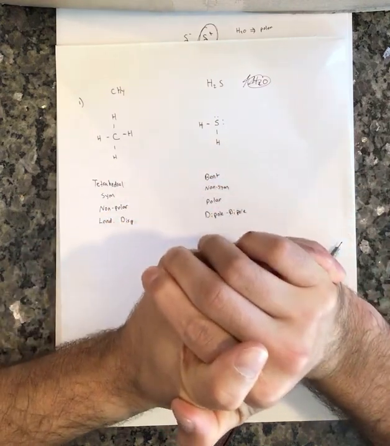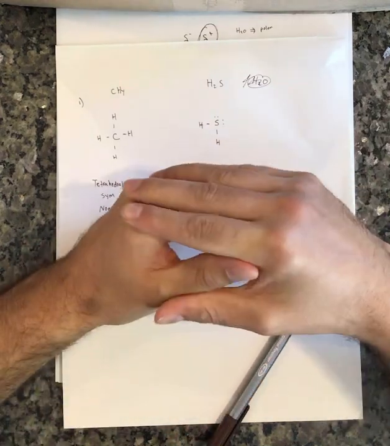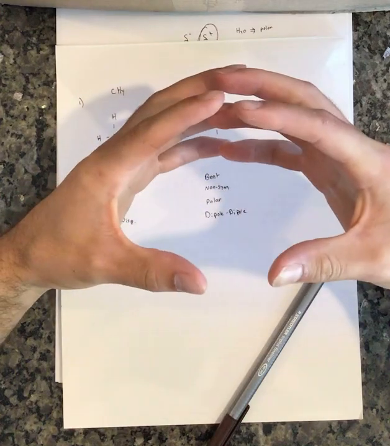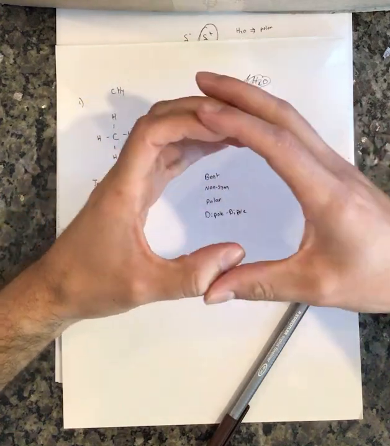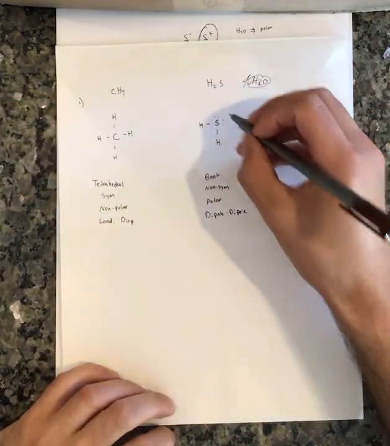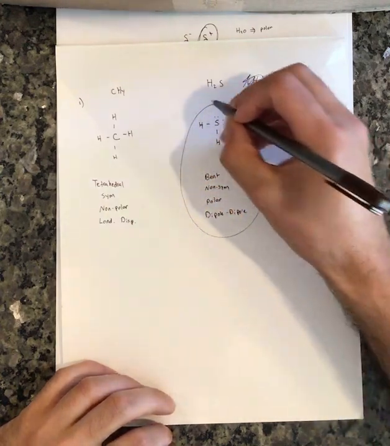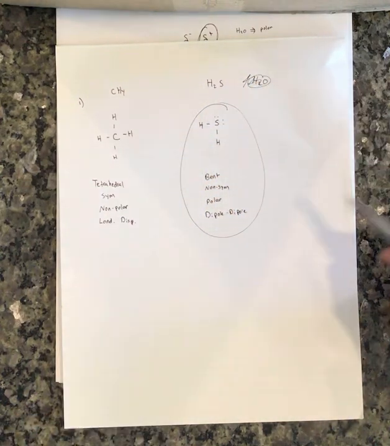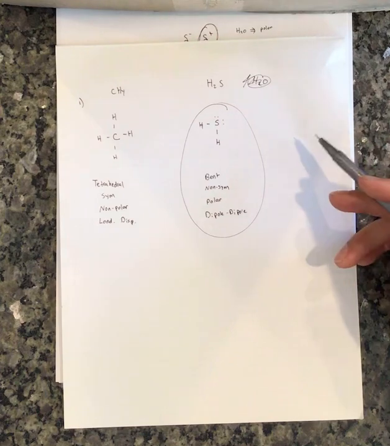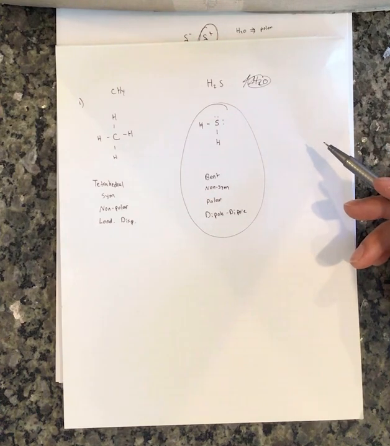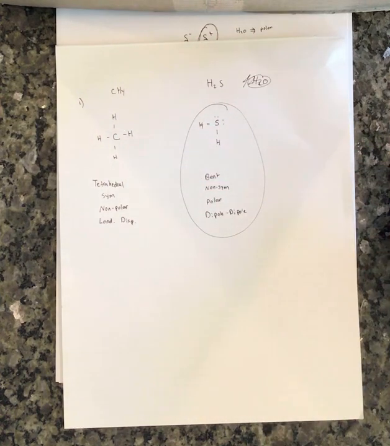And because it's more compact, it's going to take more energy in the form of heat. So it's going to take a higher temperature to break up those bonds. So for question 1, H2S here would have a higher melting point. It would have a higher boiling point. It would even have a higher surface tension than the CH4.